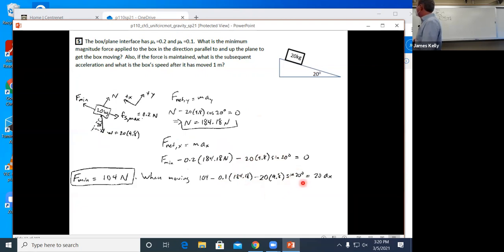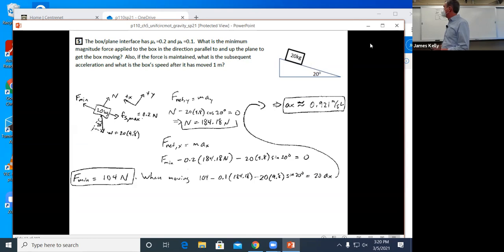And now that is equal to the mass of the thing in the free body diagram times the unknown acceleration, a x. Notice I know everything in that equation except a x. So I can solve for a x: 0.921 meters per second squared. Everything was in SI units.